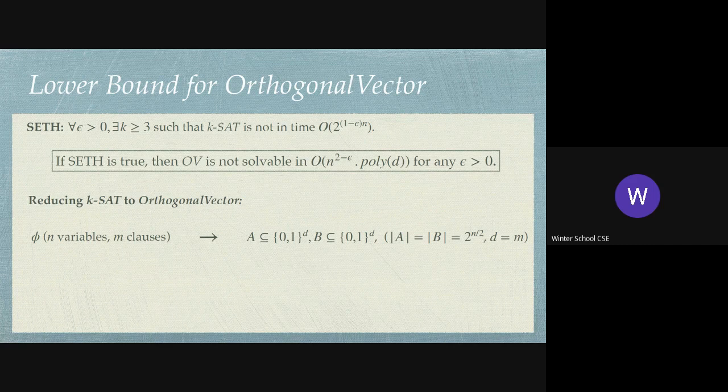And the dimension d will be equal to m. Okay. So any questions? Are the definitions clear, of SAT and orthogonal vector and all?